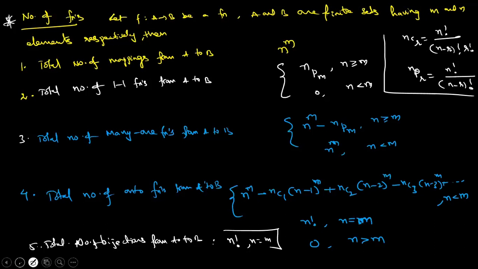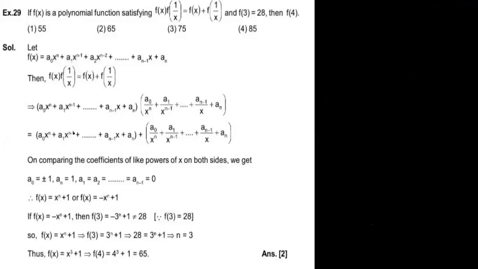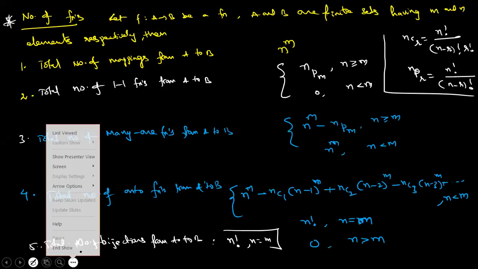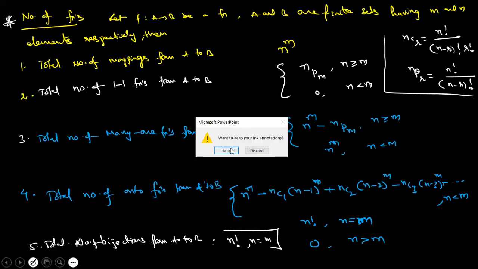Now I'm proceeding. Write down next question. Based on these formulas, I'm giving one question. See, get ready. Just a minute. I'm adding a slide. Place is not sufficient.